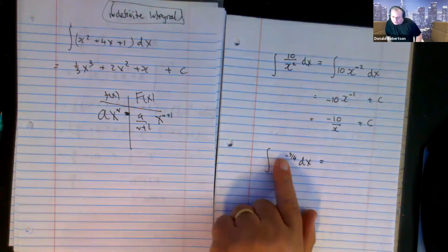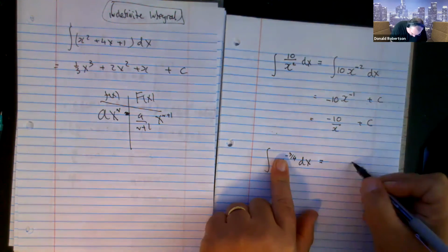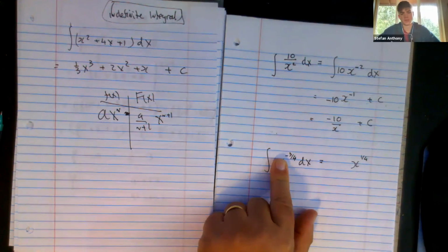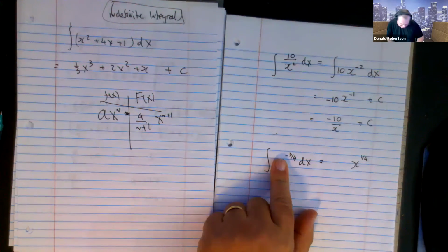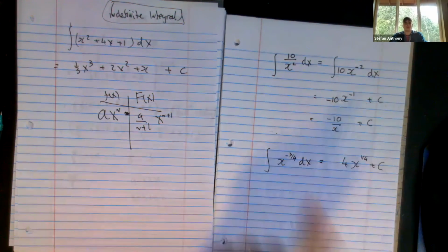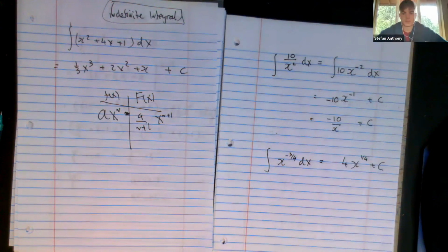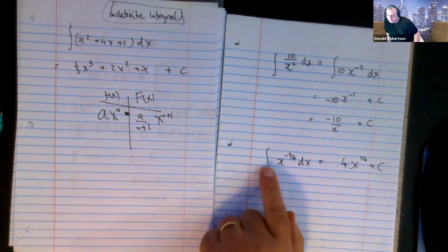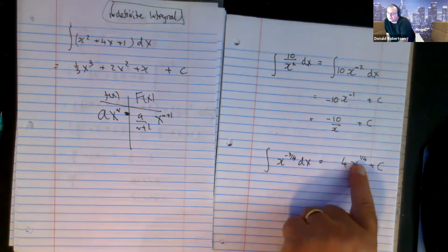Well, if you add 1 to that guy, don't you get plus a quarter? Yeah. Now, dividing by a quarter is actually the same thing as multiplying by 4. Style points, is that good? Yeah, because wasn't the original a fraction, so it's okay for the answer to be a fraction power.